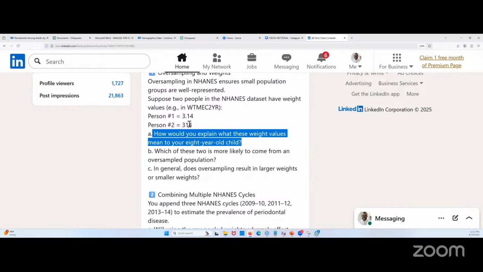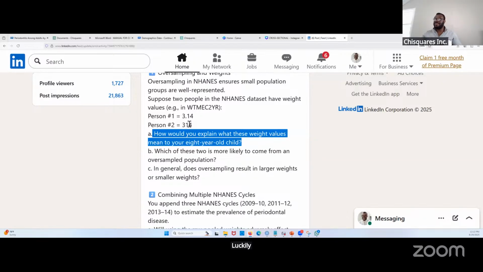Person 1 represents 3.14 persons in the population, including person 1, and person 2 represents 314 persons in the population, including person 2. Exactly. So that means that a weight of 314 means that this guy, number 2, stands for 314 people.